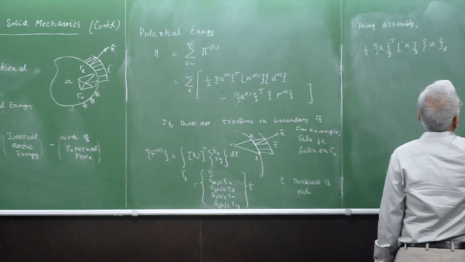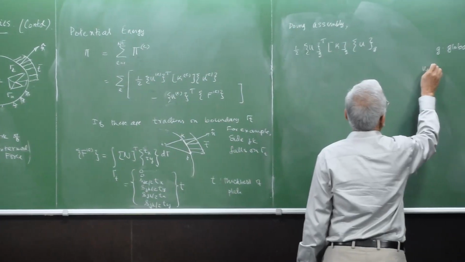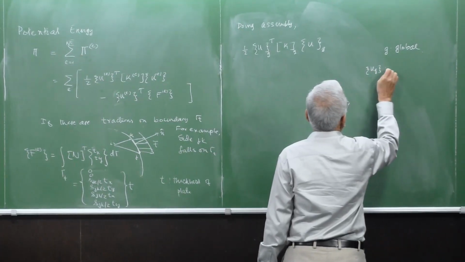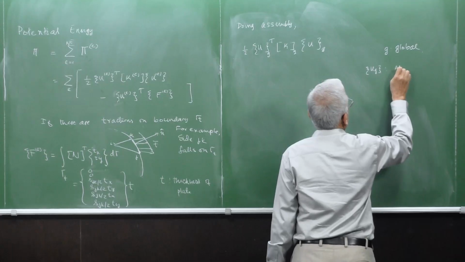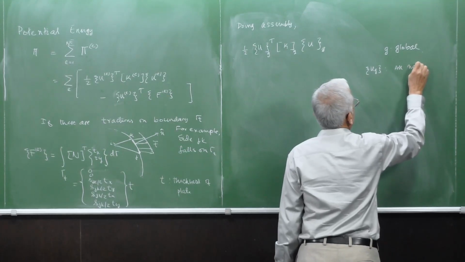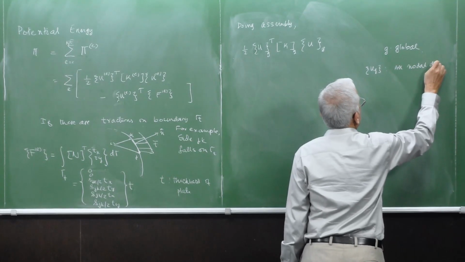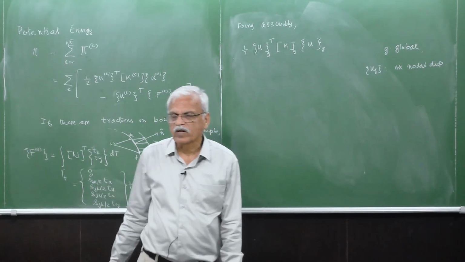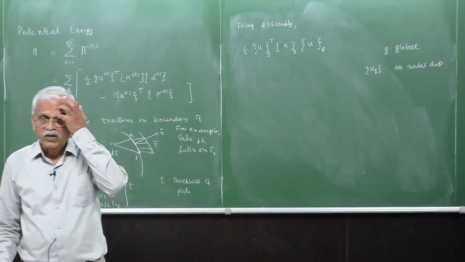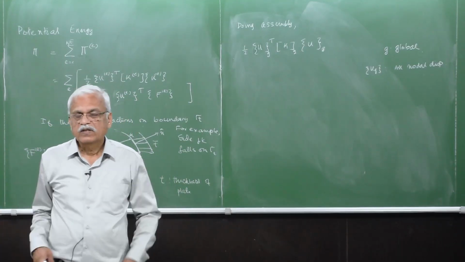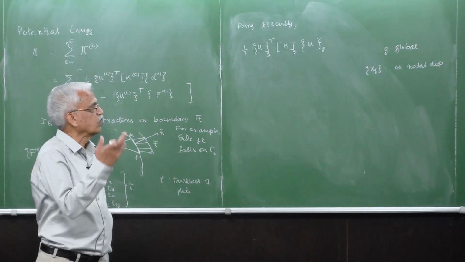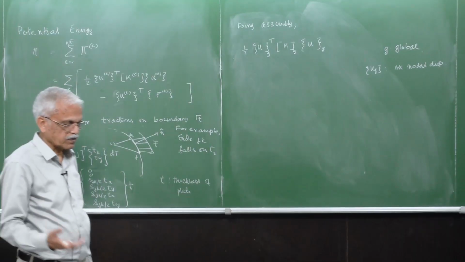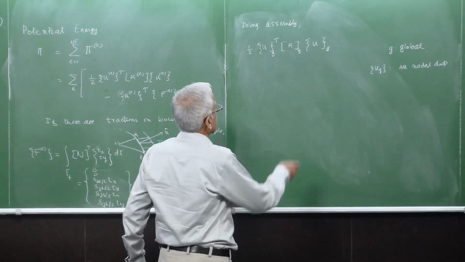So UG includes all nodal displacements, including U1, V1, U2, V2, all the way up to UN, VN, the total number of nodes. So the total degrees of freedom are twice the number of nodes. Okay.